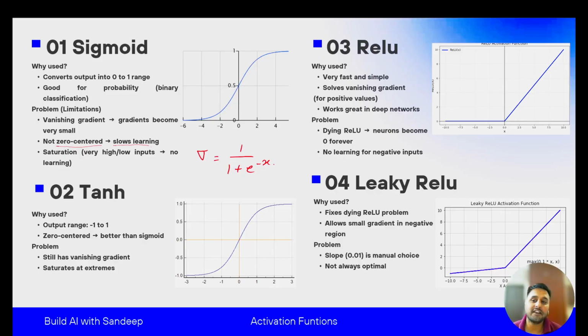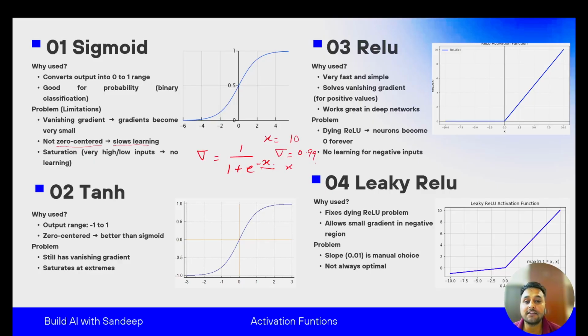And the third limitation was saturation. So let's understand the saturation point: when X is very high or very low, there is no learning. Why? Because let's suppose X is 10, then sigma is 0.99 something.